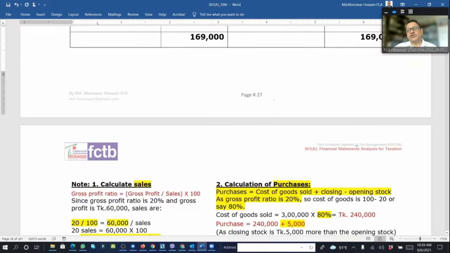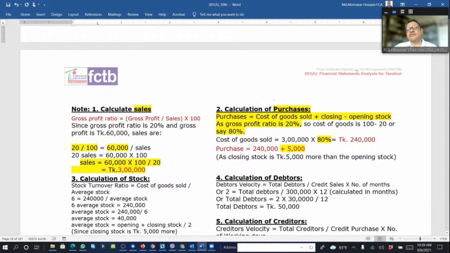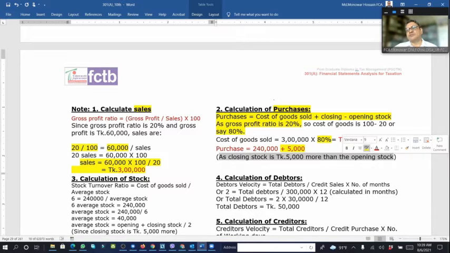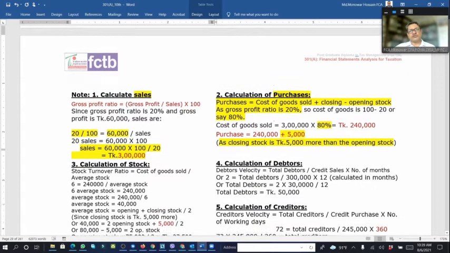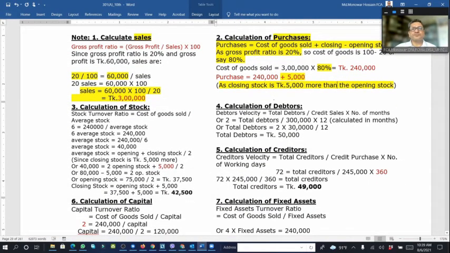So the formula is plus closing stock minus opening stock, an increase of 5,000, so that 5,000 is added here. As closing stock is 5,000 more than the opening stock, purchase would be 2,45,000. Okay.